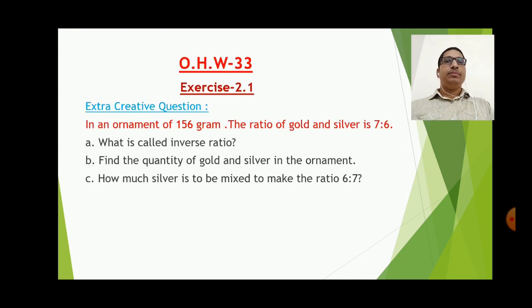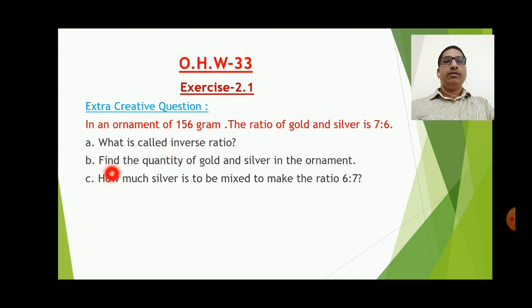Now students, everyone write your SW. So SW number 33. Exercise 2.1. Extra creative question. Here, in an ornament of 156 grams, the ratio of gold and silver is 7:6. First question, what is called inverse ratio?